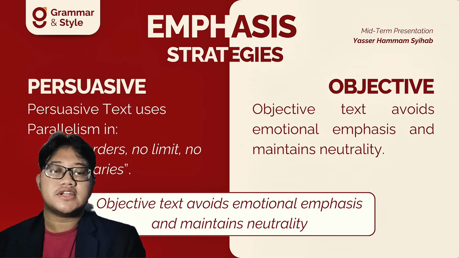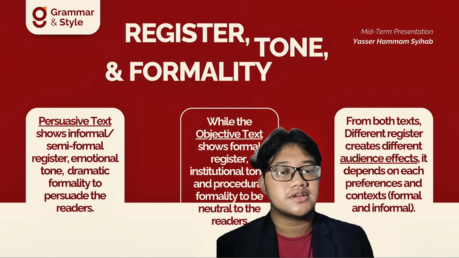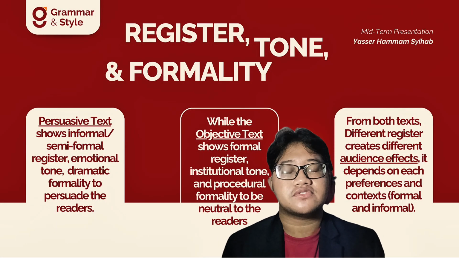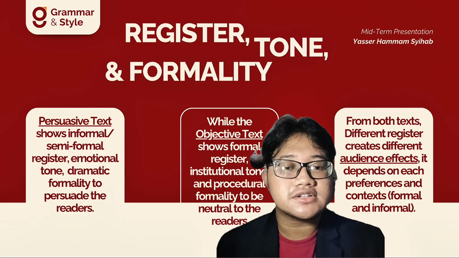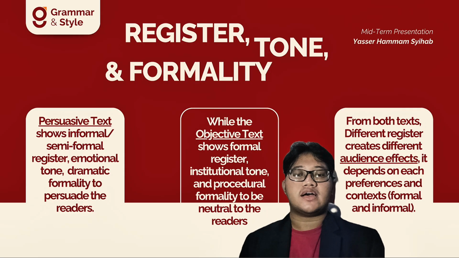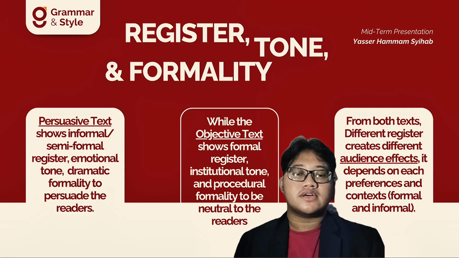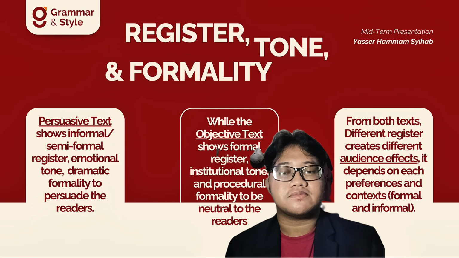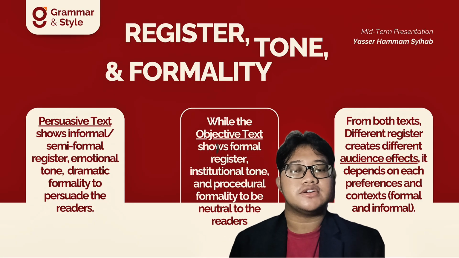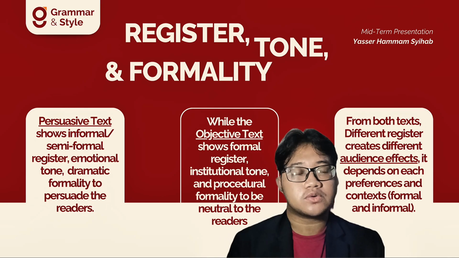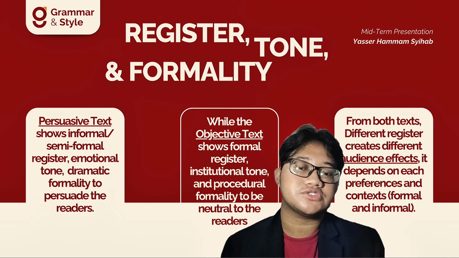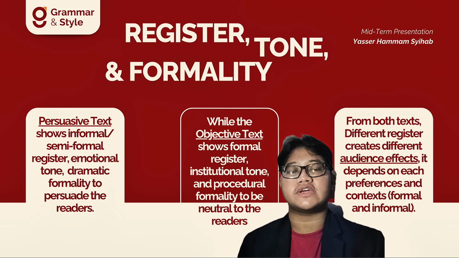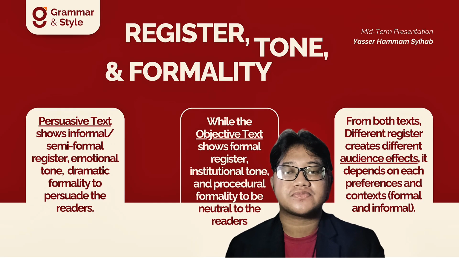Alright, the next one is slide 6, register, tone, and formality. Those three differ significantly. In my persuasive text, I use a semi-formal or informal register, emotional tone, and vocabulary that expresses urgency.